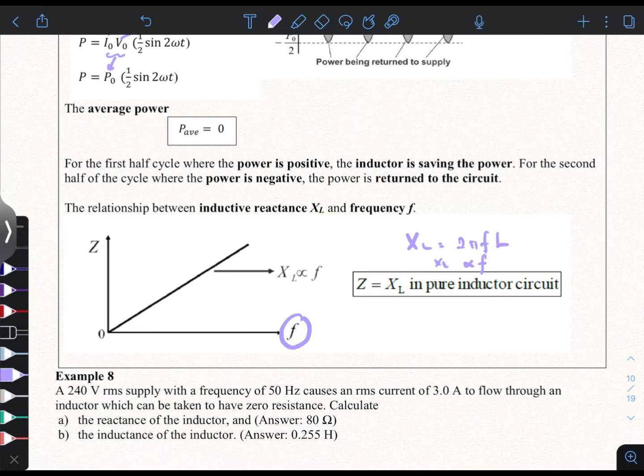So when your frequency here increases, kita guna simbol impedance dekat sini sebab dalam case pure inductance, total opposition kita berlaku melalui inductive reactance. Okay, the opposition for pure inductor adalah through inductive reactance. So Z kita akan sama dengan XL. So kita get directly proportional dekat sini, straight line graph. Alright, that's it for pure inductor.